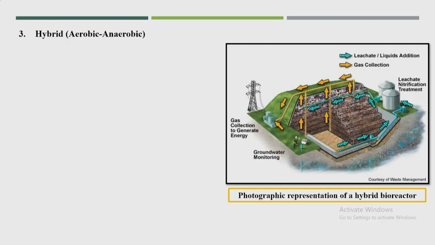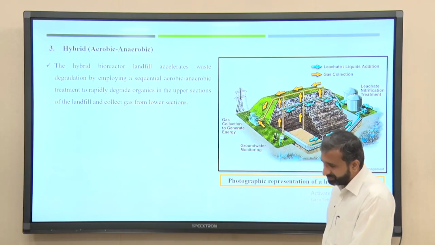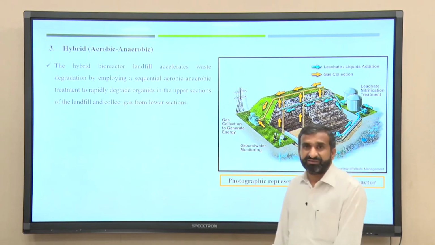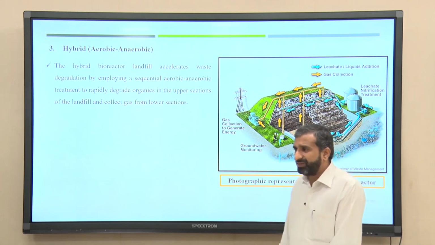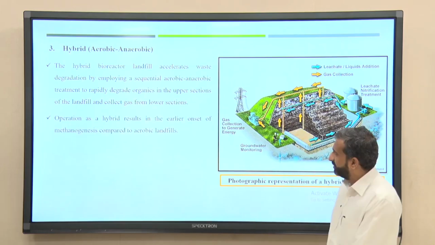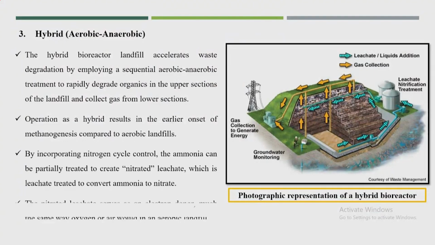In this case, mostly the top area will be in aerobic conditions and the bottom area will be in anaerobic conditions, because air can be injected very easily in the top area as compared to the bottom area, and it is not costly either. So, it is possible that the top area will degrade much faster compared to the anaerobic area. I think this is also one technology we can use.